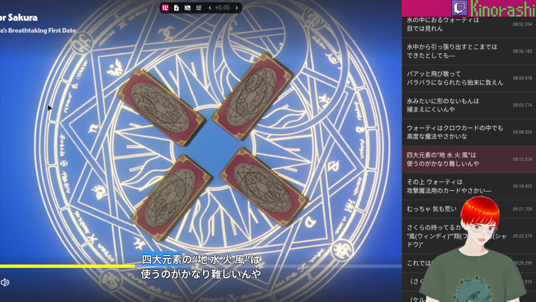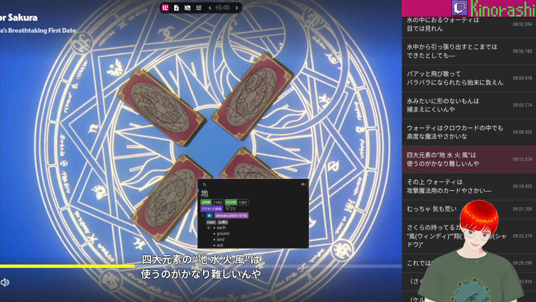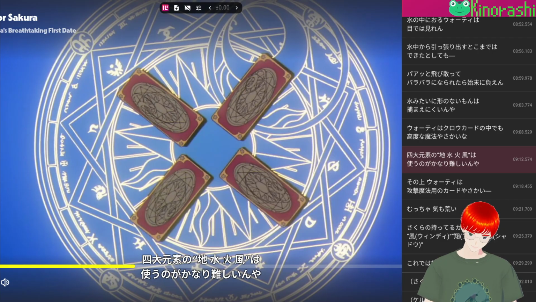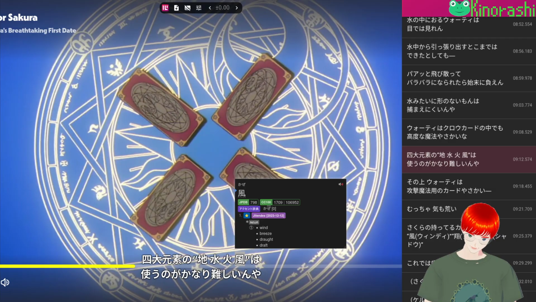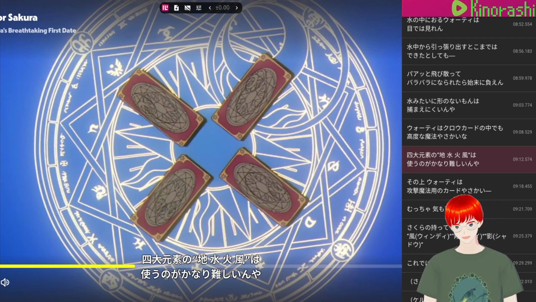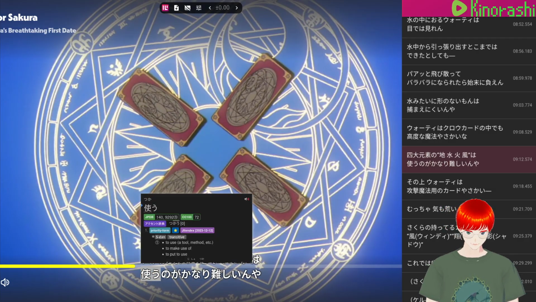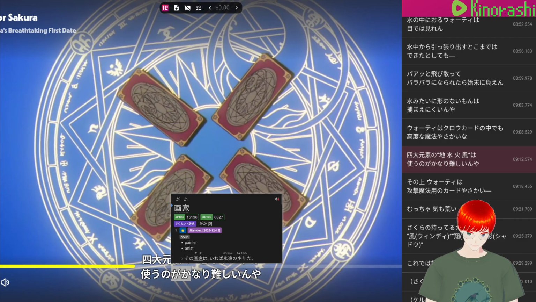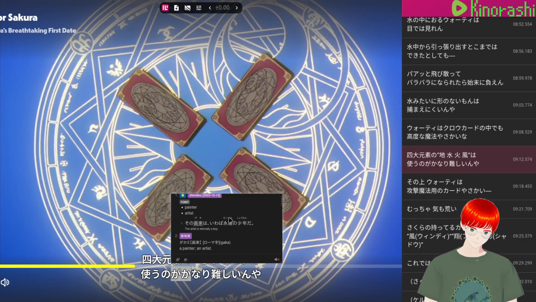Yondai genso. So yondai genso no chi, mizu, hi, kaze wa tsukau no. Gaka. Painter, artist.